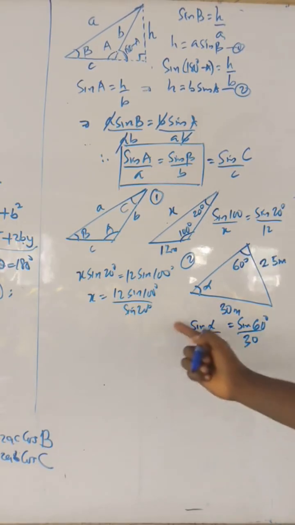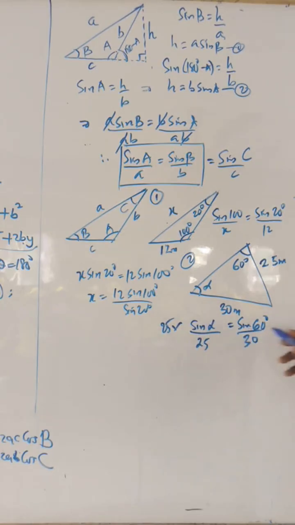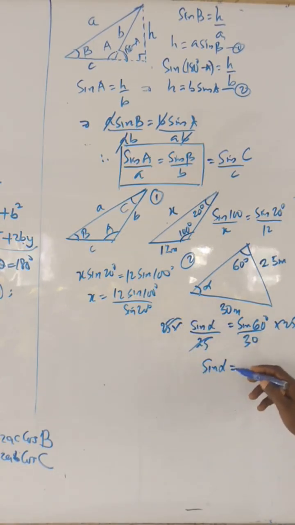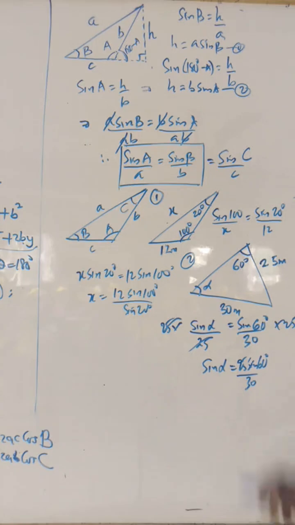From here, we can just multiply both sides by 25. So this cancels this. So it means sine alpha equals 25 sine 60 over 30. From here, we can get the answer in decimal. To get alpha, we do sine inverse on both sides.